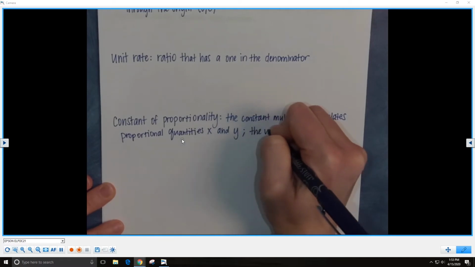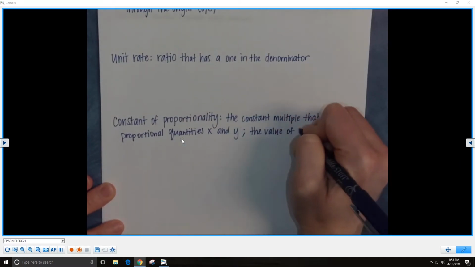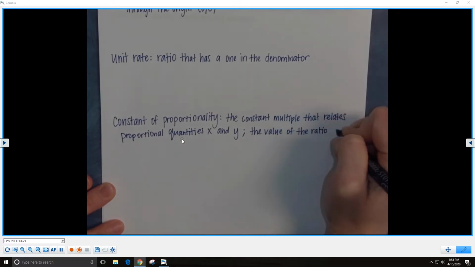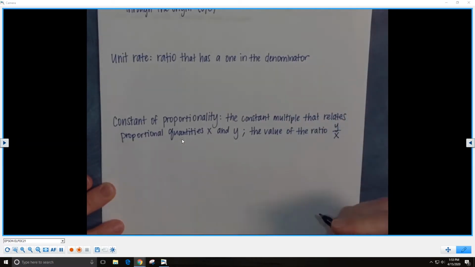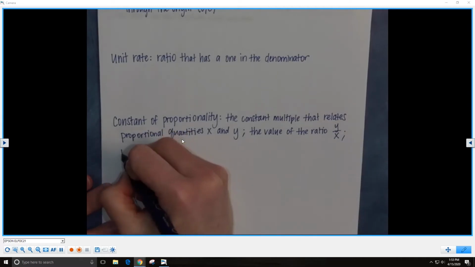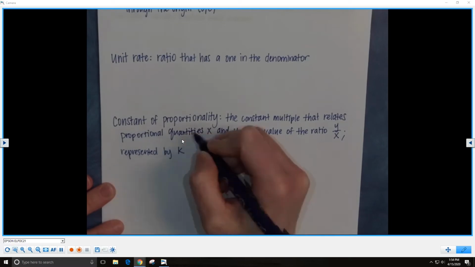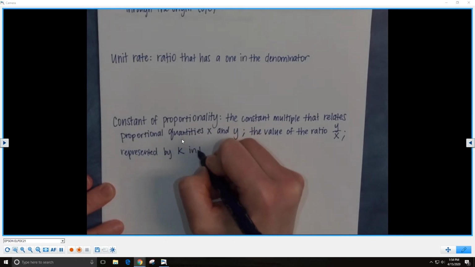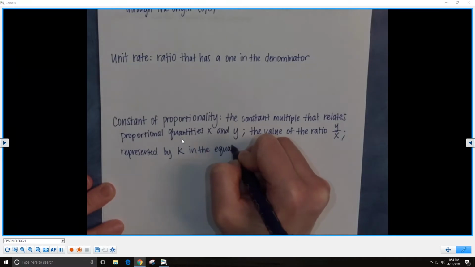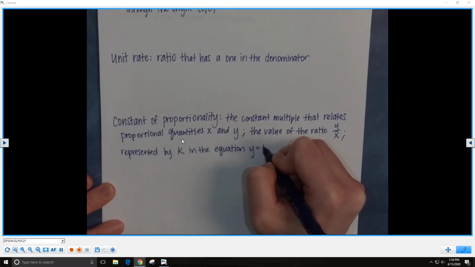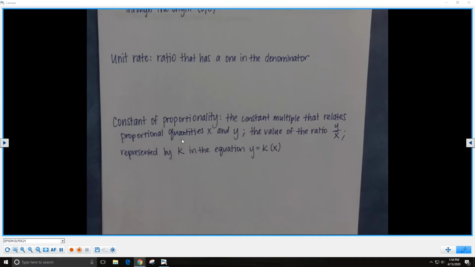It is the value of the ratio y to x, and it is represented by k in the equation y equals k times x. So the constant multiple that relates proportional quantities x and y, the value of the ratio y to x, and it's represented by k in the equation y equals kx.